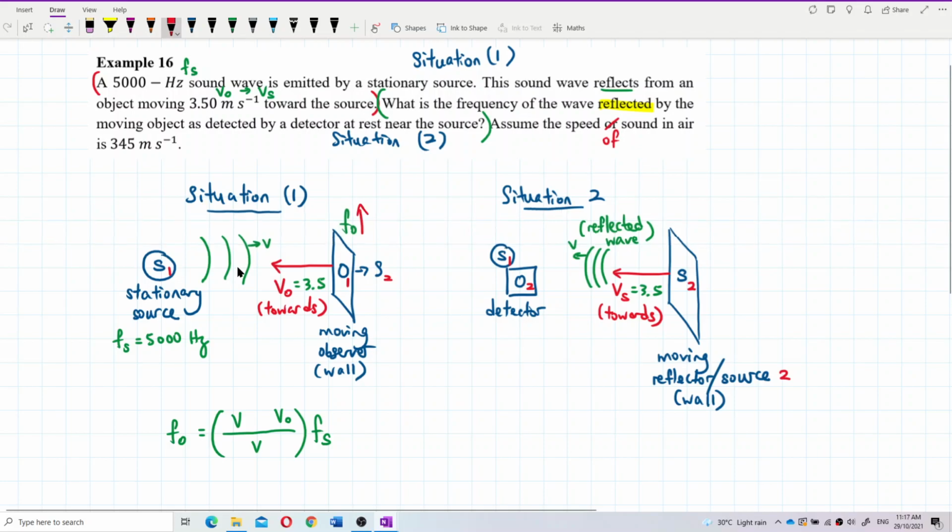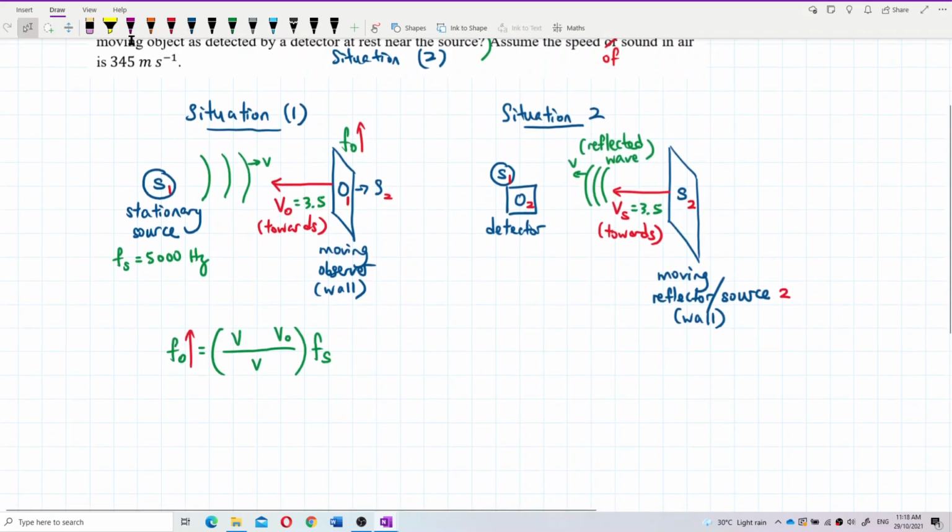Because you are moving towards the incoming sound wave, more waves pass through the observer faster, so your observed frequency is increased. As long as it is moving towards, no matter whether the observer or the source is moving towards, the observed frequency always increases. Understand or not?